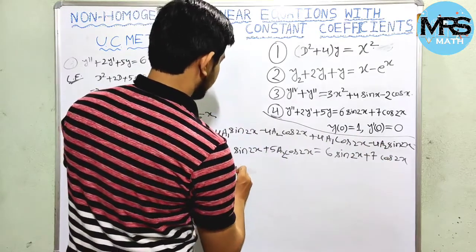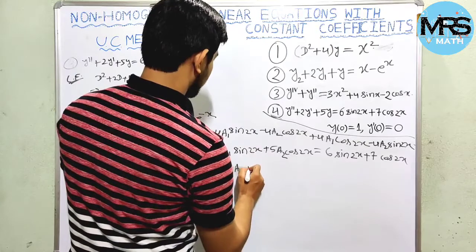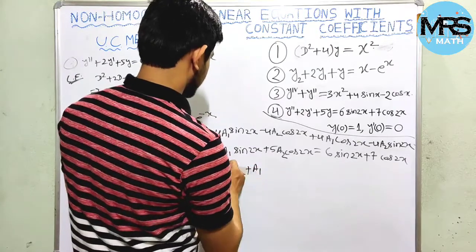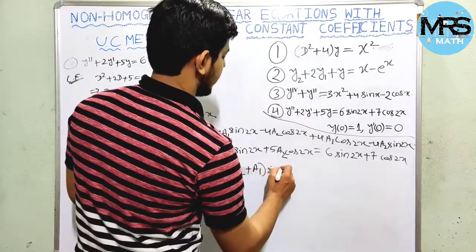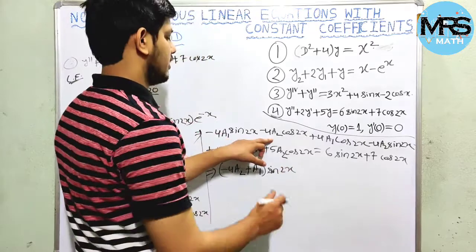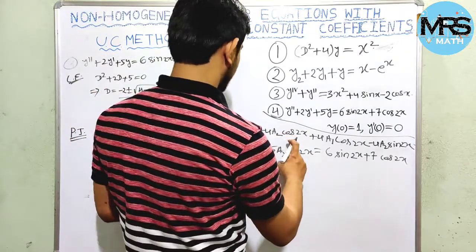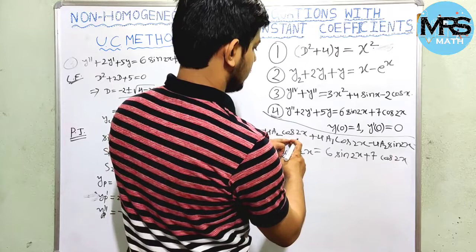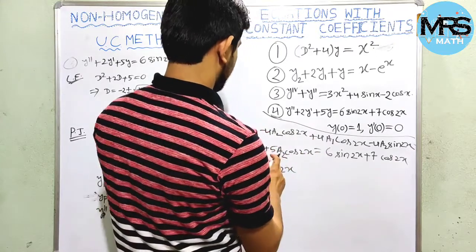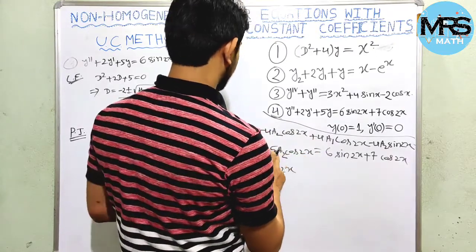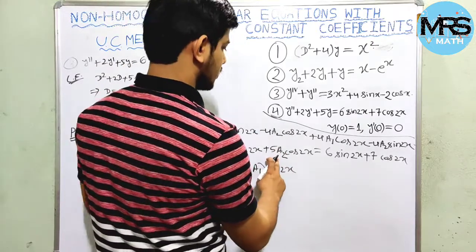So we can write minus 4a2 plus a1 sin 2x, okay. Now here 4a2 cos 2x, here 5a2 cos 2x, so that will be only a2 cos 2x, okay.